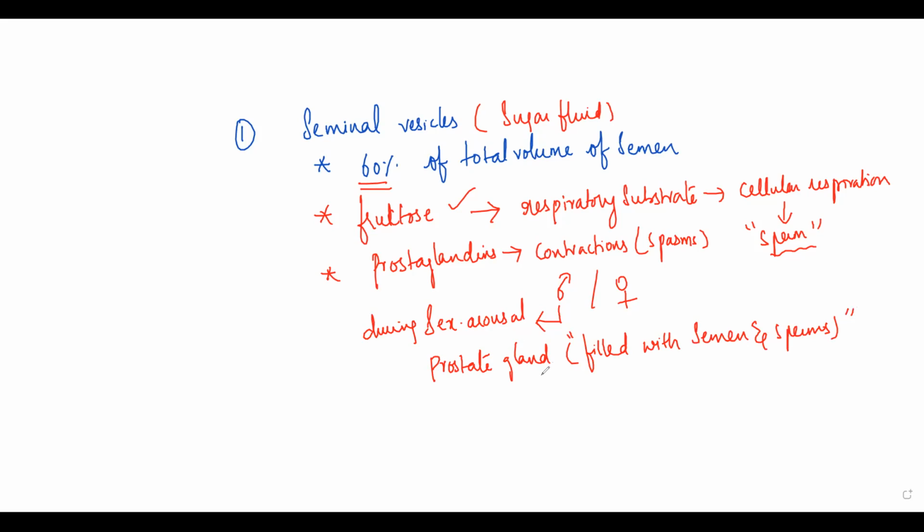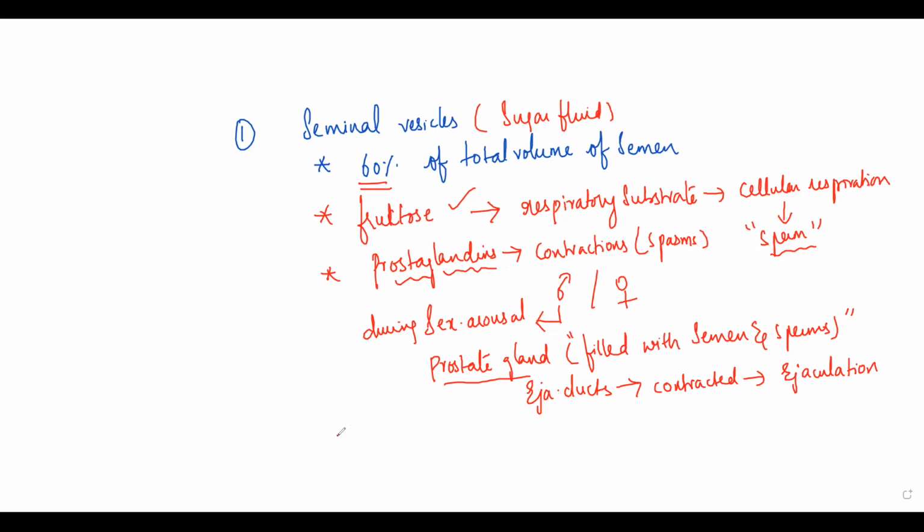After that, the ejaculatory ducts which run through the prostate gland are constricted, or contracted, such that there is the ejaculation process, that is, the release of the semen and sperms out of the penis. So it is the prostaglandins which help in the contractions.